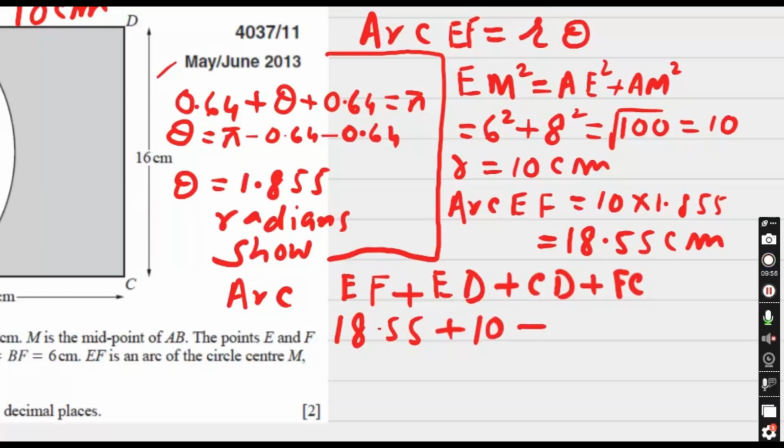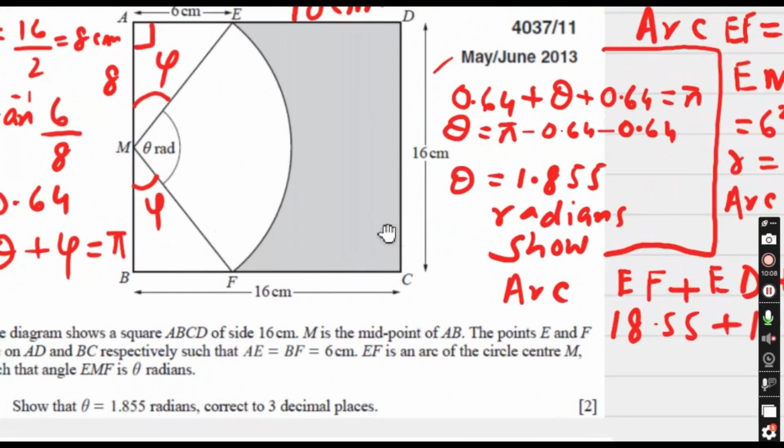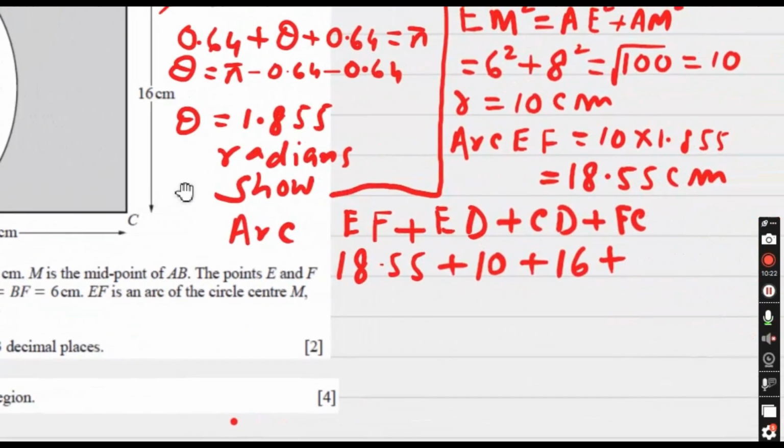plus CD. CD is given as 16, plus FC. As you know, in the given question, the lengths of AE and BF are both equal. So BF is also equal to 6 centimeter. It is mentioned in the question. So FC is also 10 centimeter.